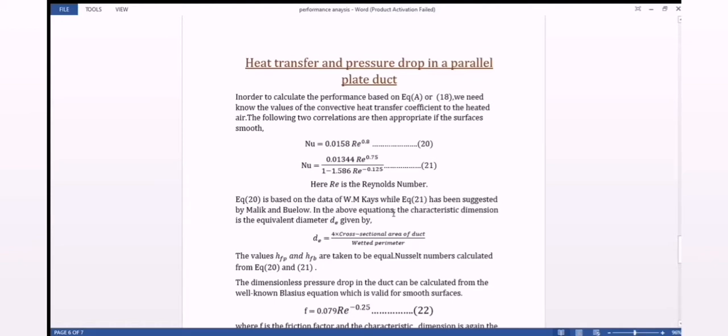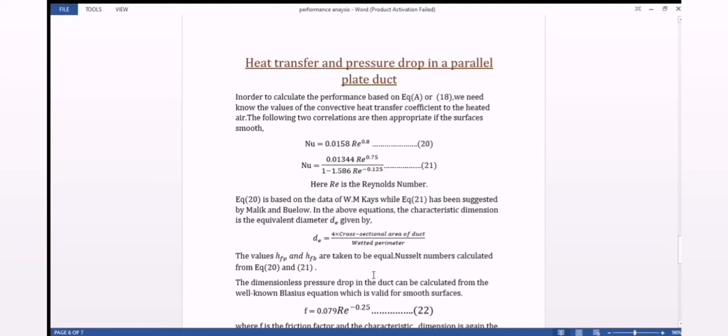In the above equations, the characteristic dimension is the equivalent diameter DE, given by DE is equal to 4 into cross-sectional area of the duct divided by wetted perimeter. Properties are evaluated at the arithmetic mean of the fluid inlet and outlet temperature, and the values of HFP and HFB are taken to be equal.